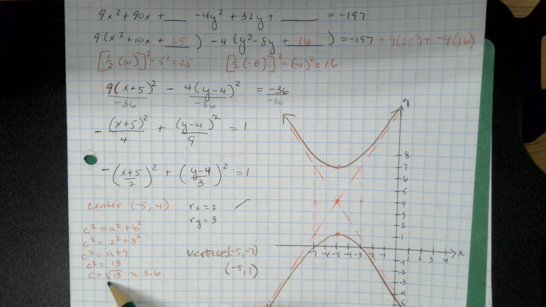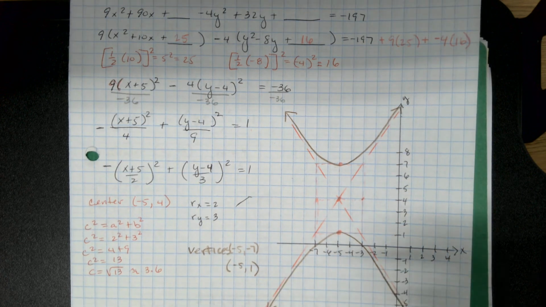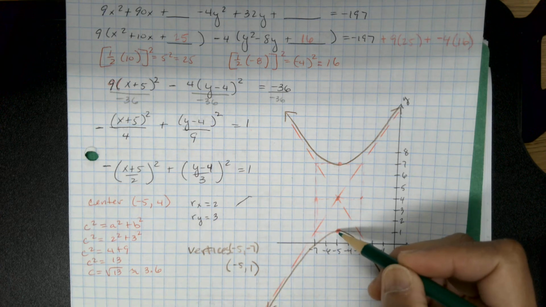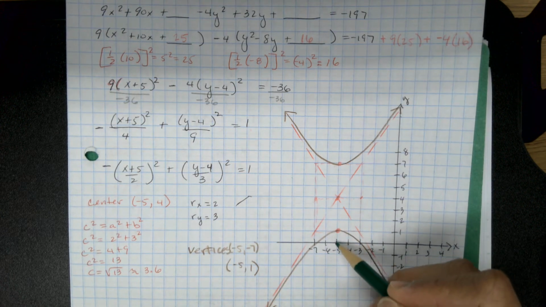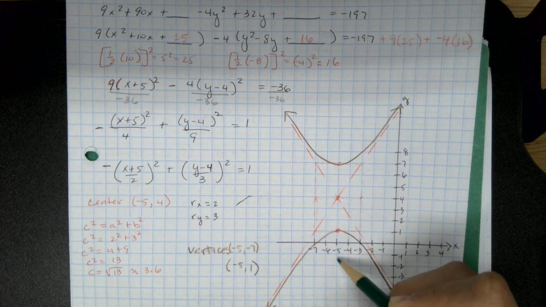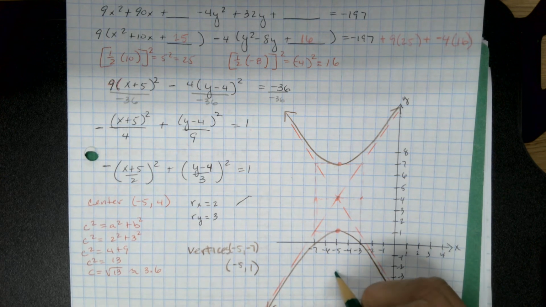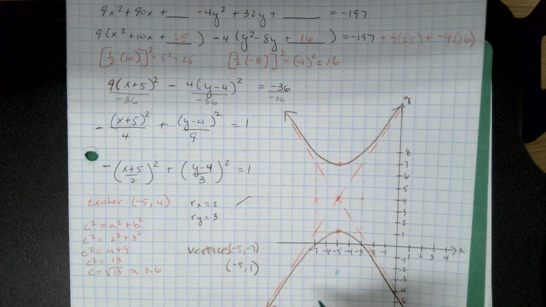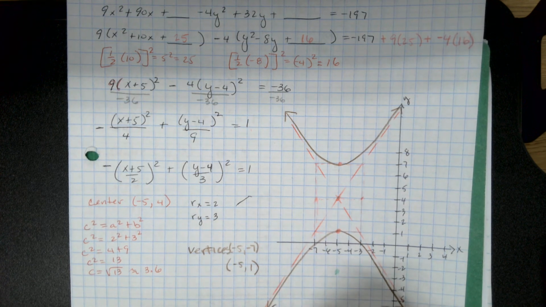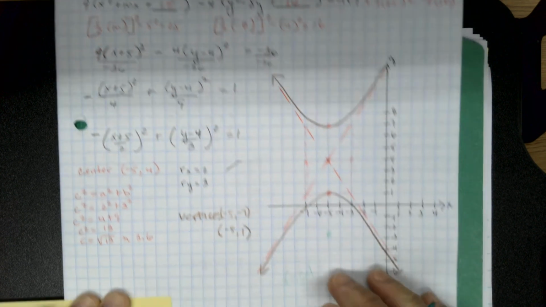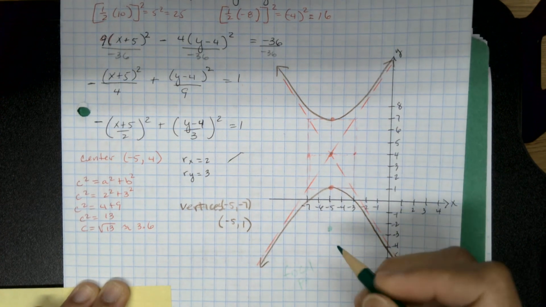So the focal distance is 3.6. The focal points are in the cups, just like the parabola. So from here, we're going to move 1, 2, 3.6. So that's one focal point.